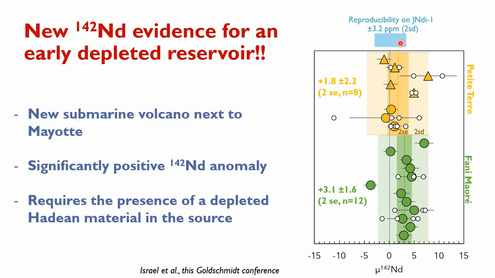You see here the little blue field is the reproducibility on the international standard. We've been able to go down to an error of 3 ppm when the previous measurements were at 5 ppm. And because of that, we can now demonstrate that in this volcano, we have a positive anomaly of +3. Okay? So it's significantly different from 0. And that therefore has a very important implication, because it requires the presence of a depleted Hadean material in the source of that volcano.